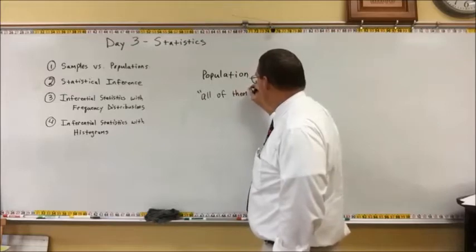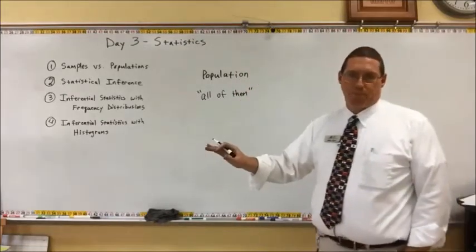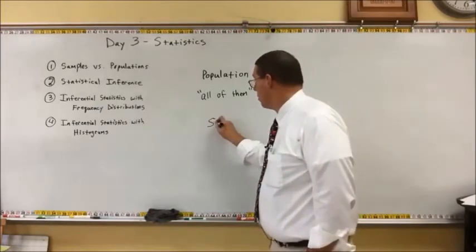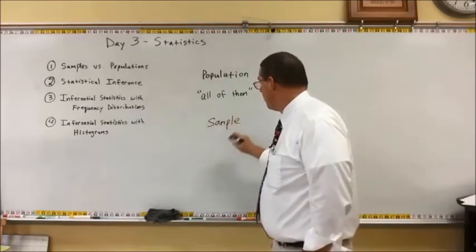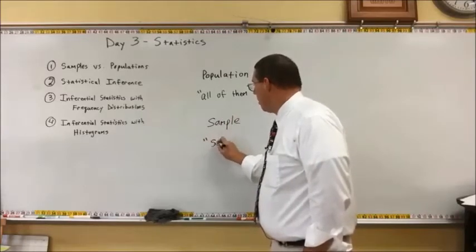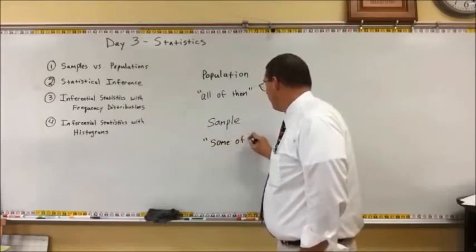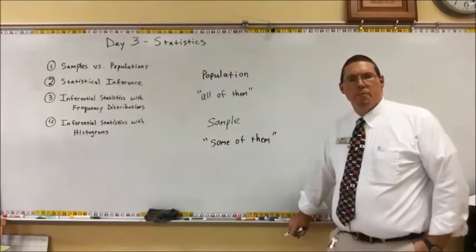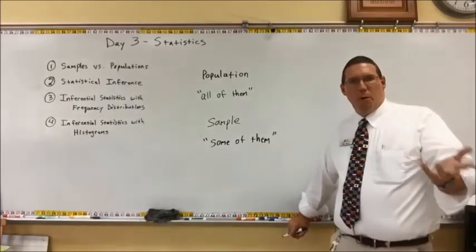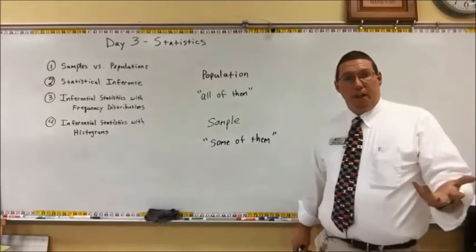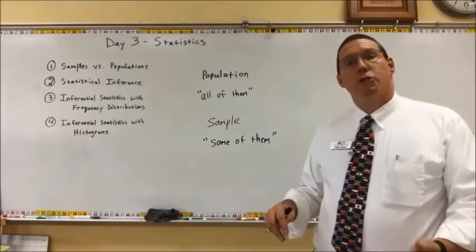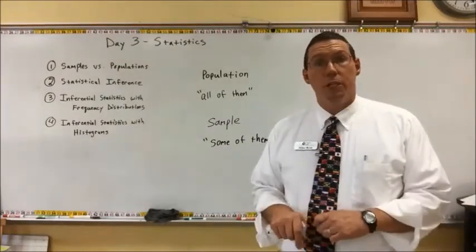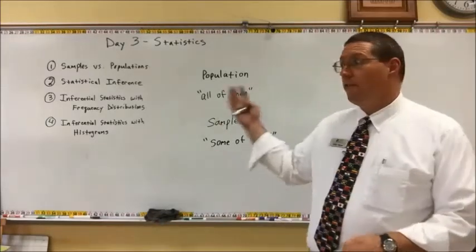So when we say population, we're talking about all of them. But the word sample means some of them, and usually a much smaller proportion of all of them. So if we want to determine if there's a chocolate factory where candies are made and you want to make sure that all the little chocolates are delicious, right? Well, you could make sure they're all delicious by eating all of them.